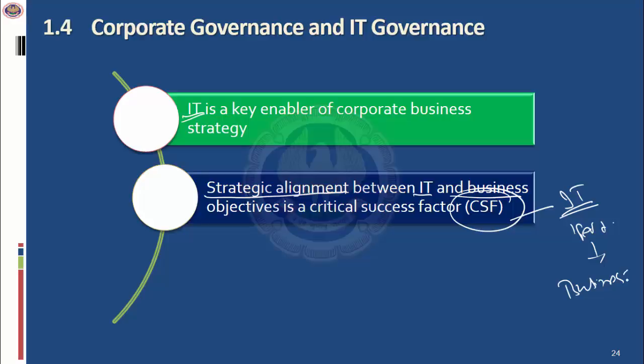For example, if the ATM gives an uptime of 99.5% and the IT is happy about it, but the customers may not be happy about it. So it's important the business management at the top decide what is the performance parameters pertaining to deployment of IT, and they set the critical success factors based on which the IT department should work.